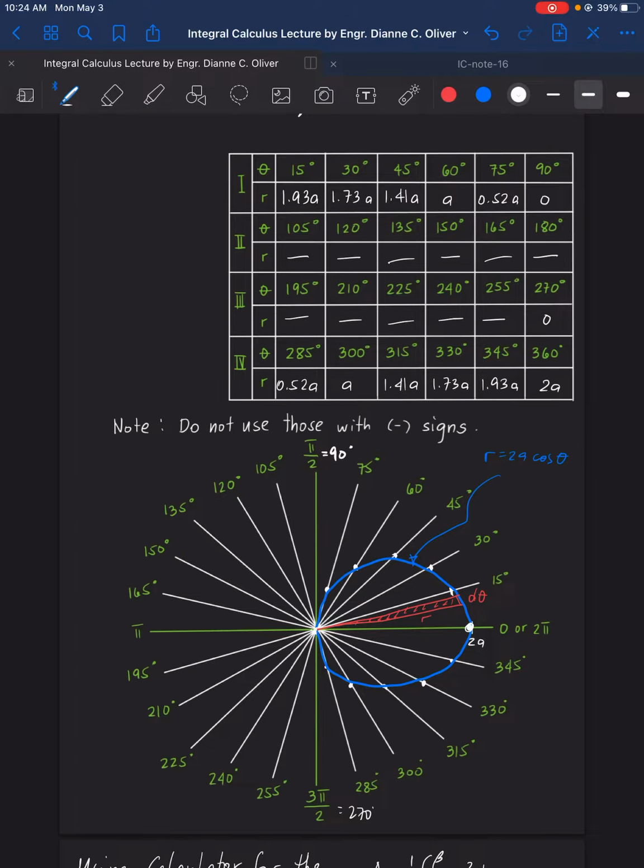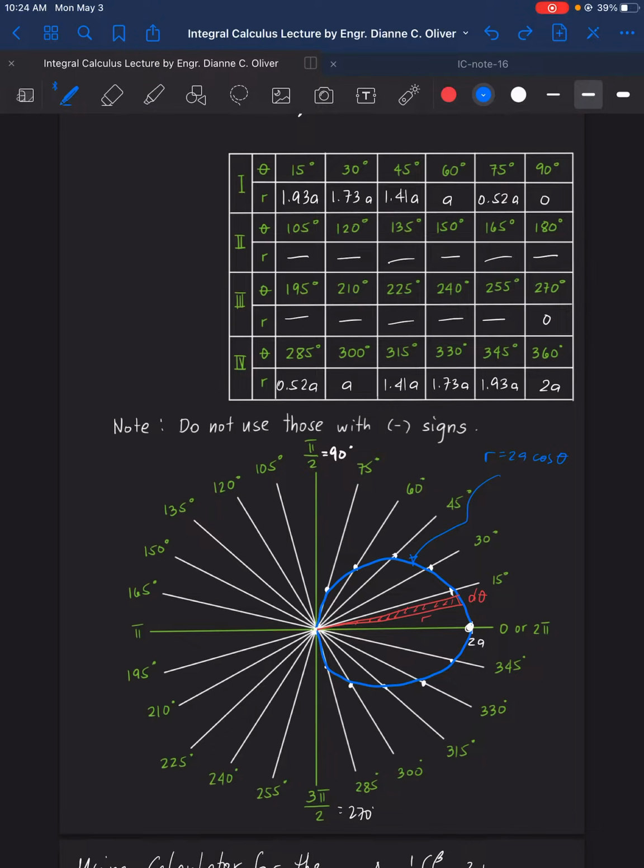So if I'm considering it as a whole figure, therefore, I will start at 0 degrees counterclockwise and end at 0 degrees. Or we can have it as 270 degrees to here. It will close at 90 degrees.